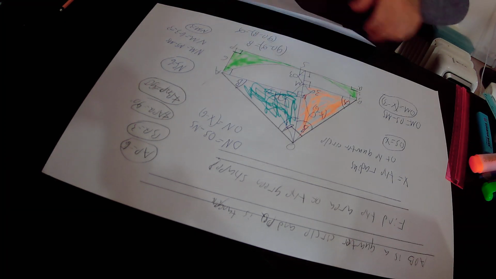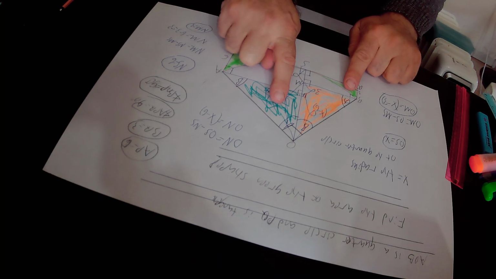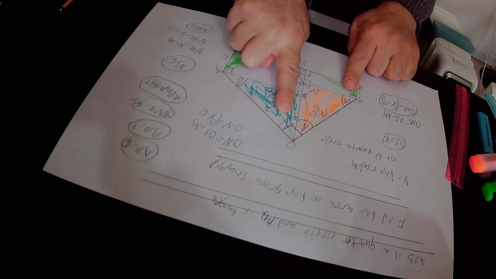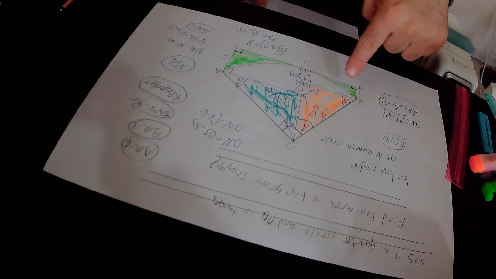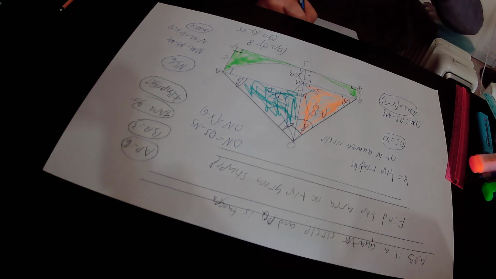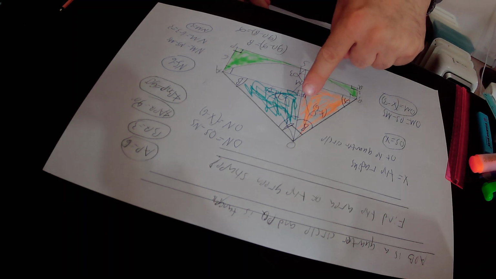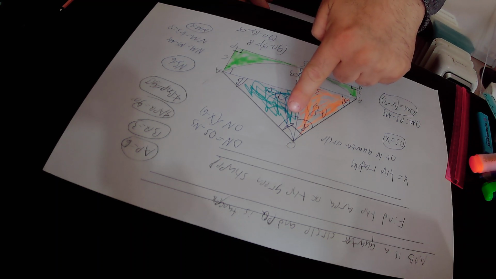In addition, those two angles are both equal to alpha, therefore they are equal to each other. So this is angle OBM in the orange triangle, and it is equal to this angle, that is actually angle AOM in the blue triangle.